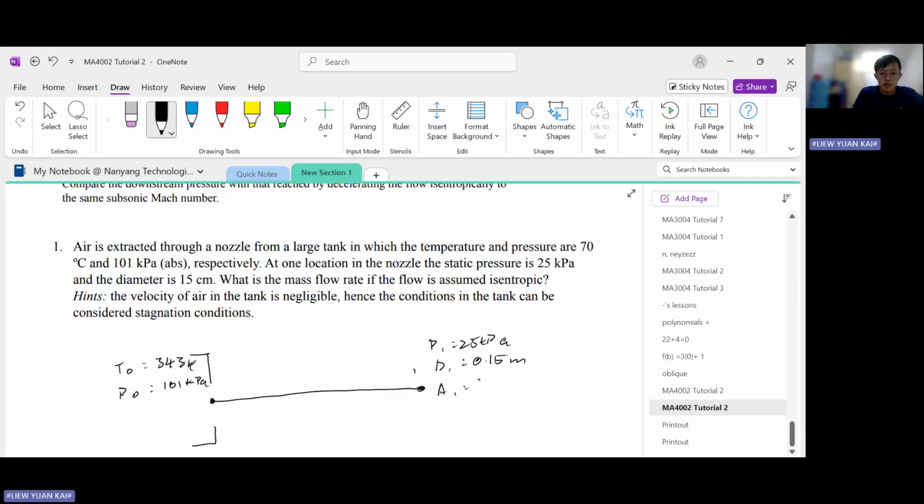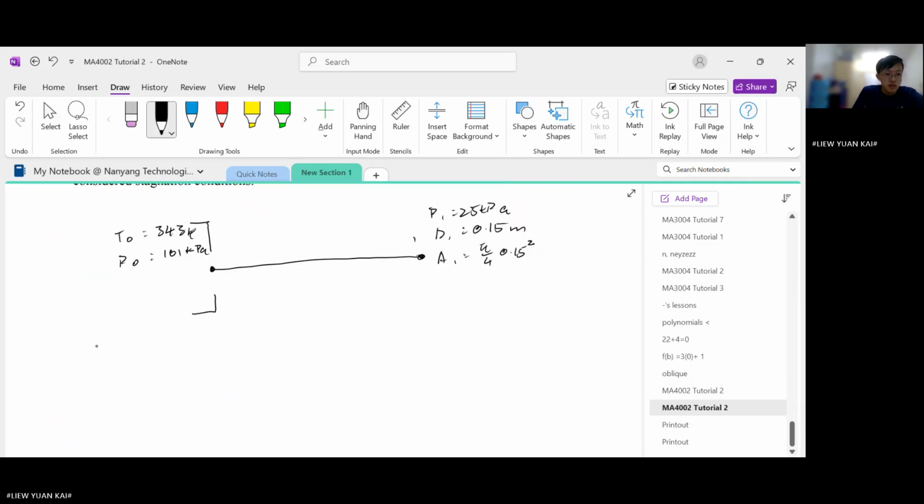Then the area can be calculated using pi d squared over 4. Now find m dot, right? We're expected to find the mass flow rate. So the mass flow rate is found by rho A V.